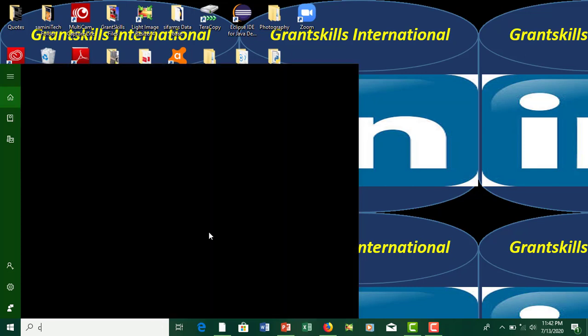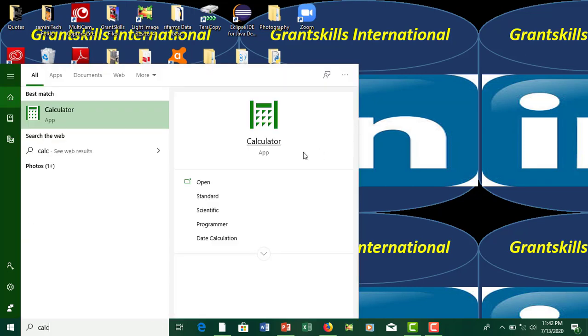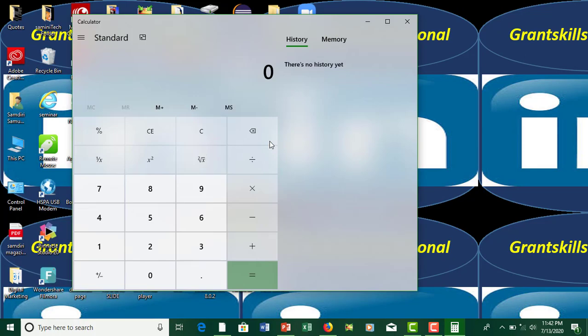So let's go with this. On our calculator, let's assume we are having 5 feet, which is the length, and the width is 4 feet. We'll multiply it by 4, which is equal to 20.